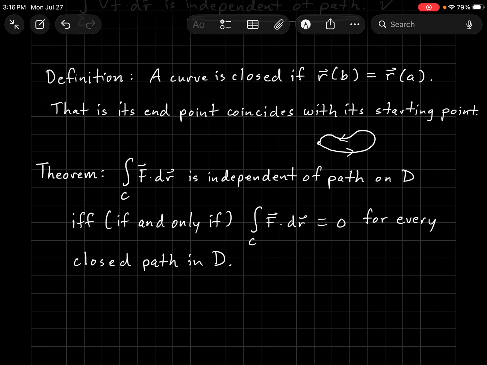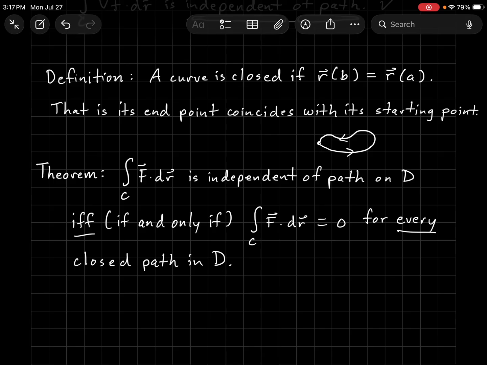A theorem we're going to state without proof is the following. The line integral over a curve of f dot dr is independent of path on the domain D if and only if the line integral of f dot dr equals 0 for every closed path in the domain.